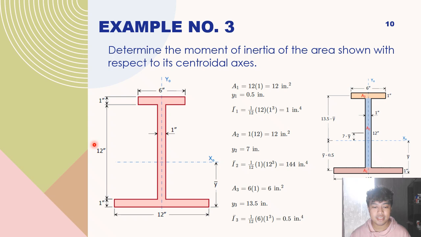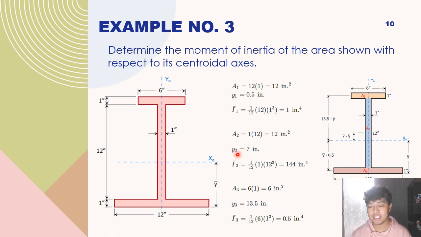That means 12 divided by 2, so we have 6 inches. And then we still have 1 inch at the bottom before the web, the thickness of the bottom flange, to reach the bottom of the whole I-beam. So that means we have 6 inches from the centroid and another 1 inch, a total of 7 inches.